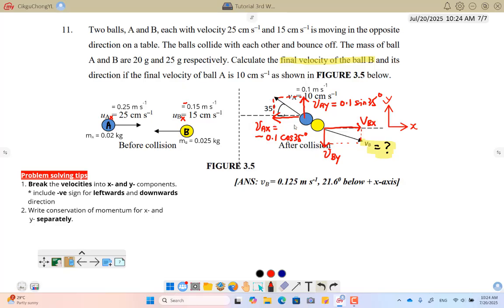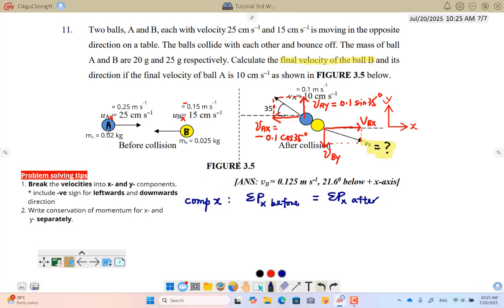So after we break down all the velocities into X and Y components, now I can write the conservation of momentum for X and Y separately. So we do it for the X direction first.